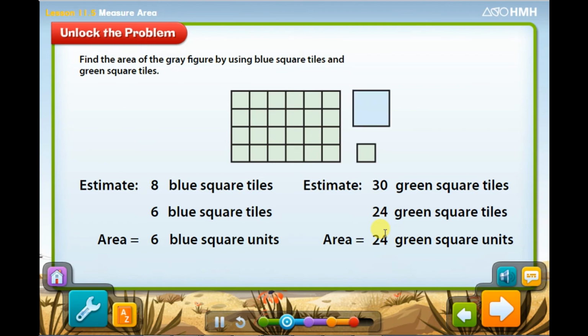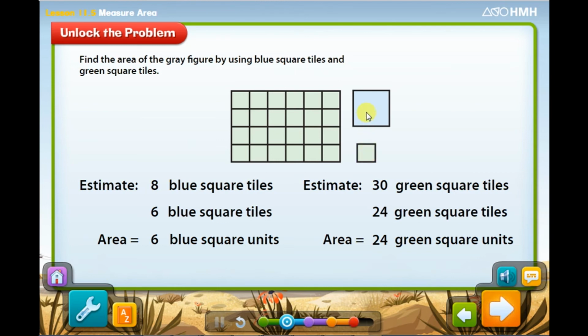Why is the number of green square tiles needed to cover the figure different from the number of blue square tiles needed? The blue square tiles are larger than the green square tiles, so it takes fewer blue square tiles than green square tiles to cover the figure. Do you understand this part?